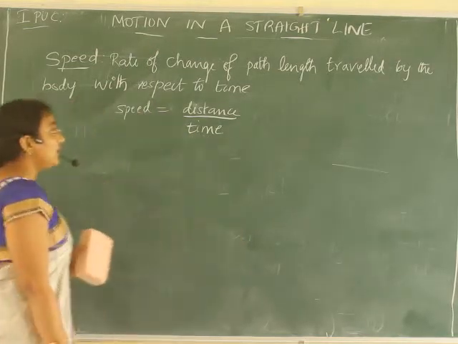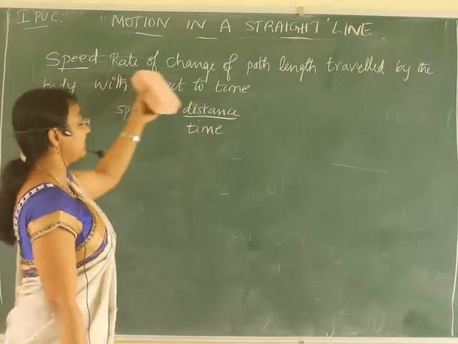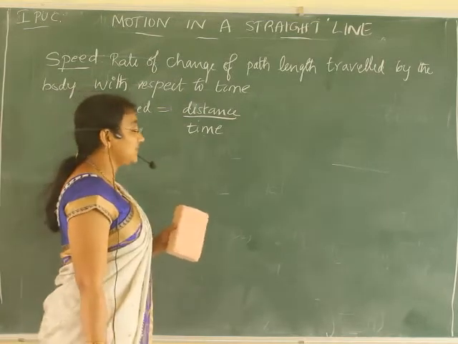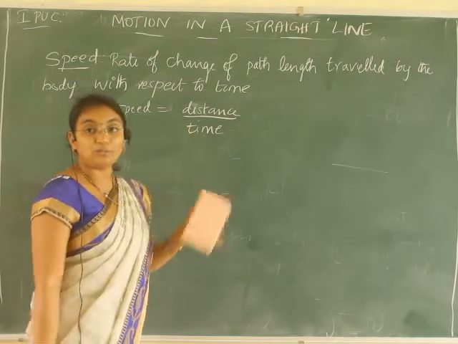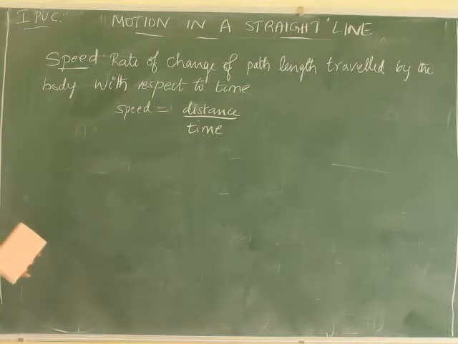Understood? So anywhere you divide by time, we start with the words rate of change of distance, or rate of change of path length traveled by the body with respect to time, which is nothing but speed.